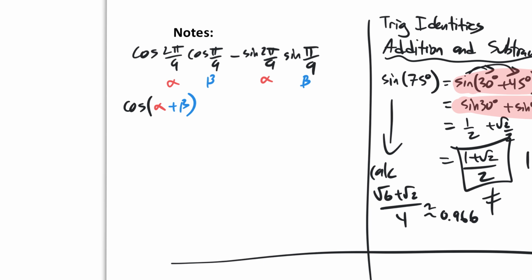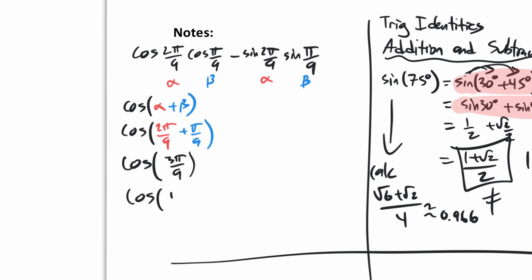In other words, we could compress this to be cos of 2 pi over 9 plus pi over 9, which would be cos of 3 pi over 9, which would just be cos of pi over 3, which is 1/2. And that would be our final answer.